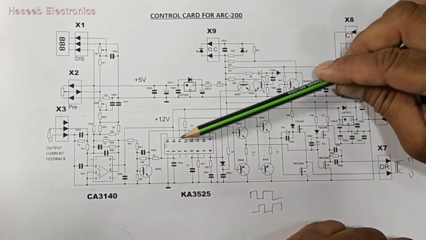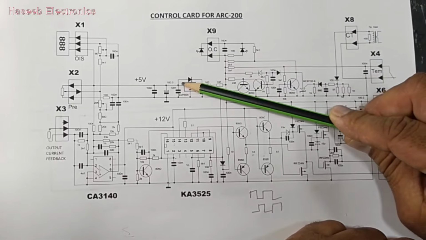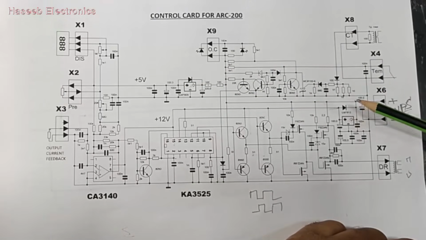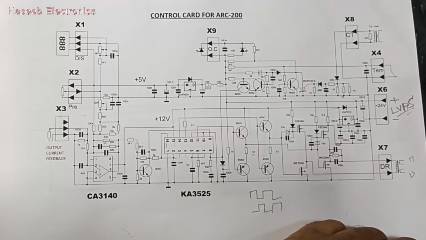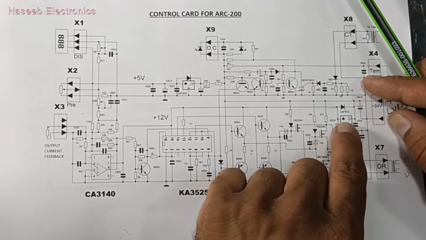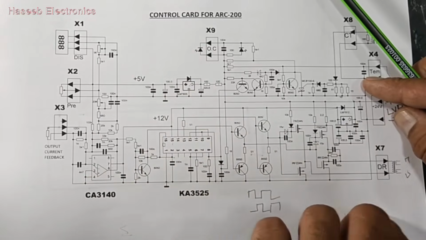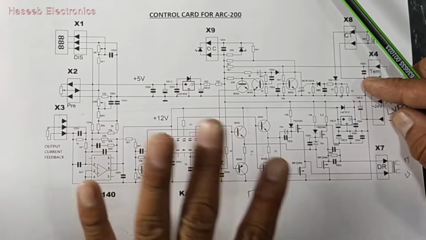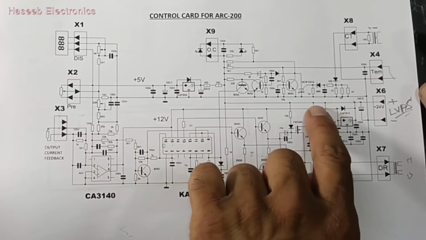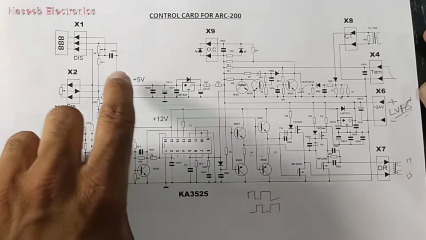In some control cards, 7805 and 7812 are on the main power board. Here it is on the control card. Whether it is on the control card or on the main board, the story will remain the same. We need 12 volt for this IC, 5 volt for this circuit.